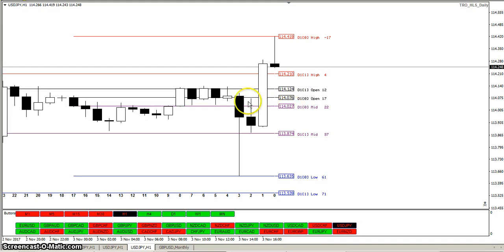You could have taken it short here at 114.02, cutting across that horizontal line, and there you go. And then see here once again, open above the mid, hit that horizontal line. There's about 5 pips to be had. Hit it the second time, much more. Plain simple. I mean, just using horizontal lines, nothing fancy.